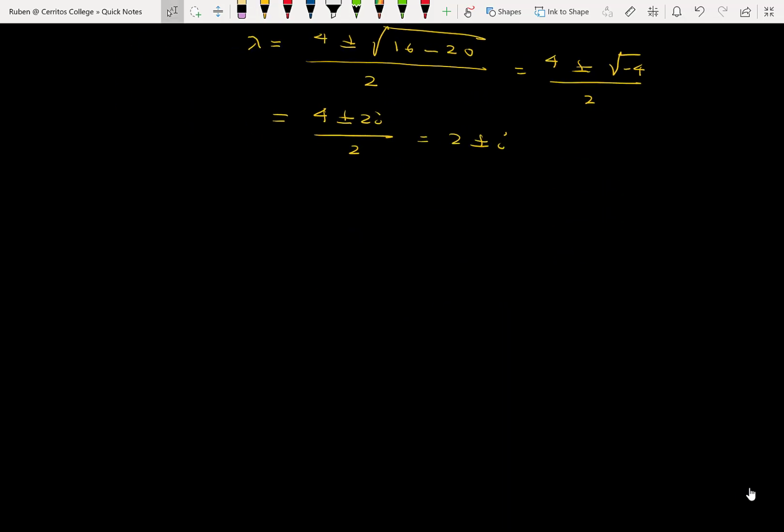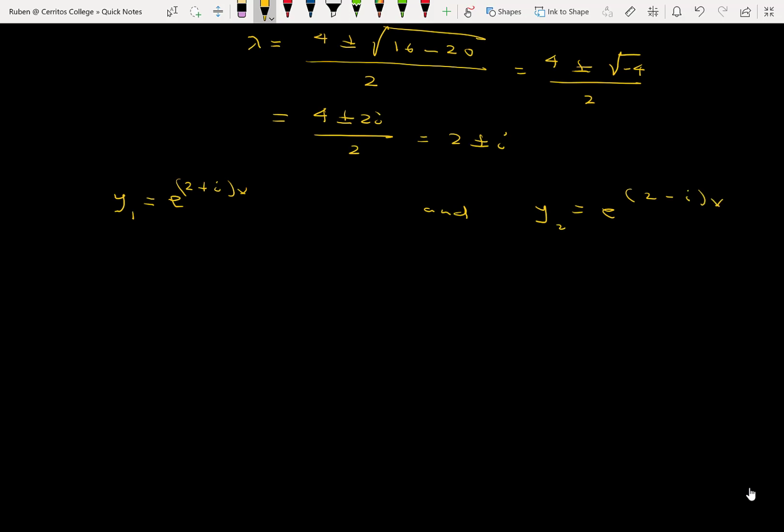So from our previous discussion, the two solutions we get initially look like y1 equals e to the (2 plus i)x, and y2 equals e to the (2 minus i)x.